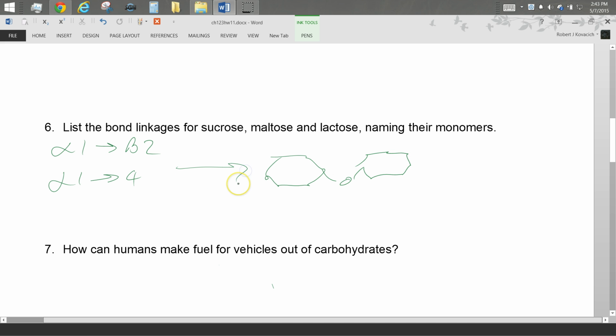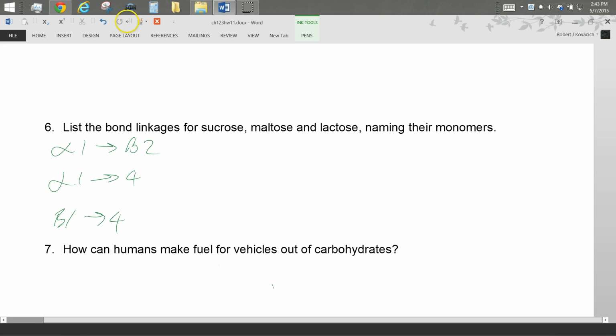That's the maltose structure. So this is carbon number 1 here, and so that's alpha down, and this is carbon number 4 here. Yeah, okay. And so then beta 1 4 for the lactose. And what are the monomers for the sucrose?